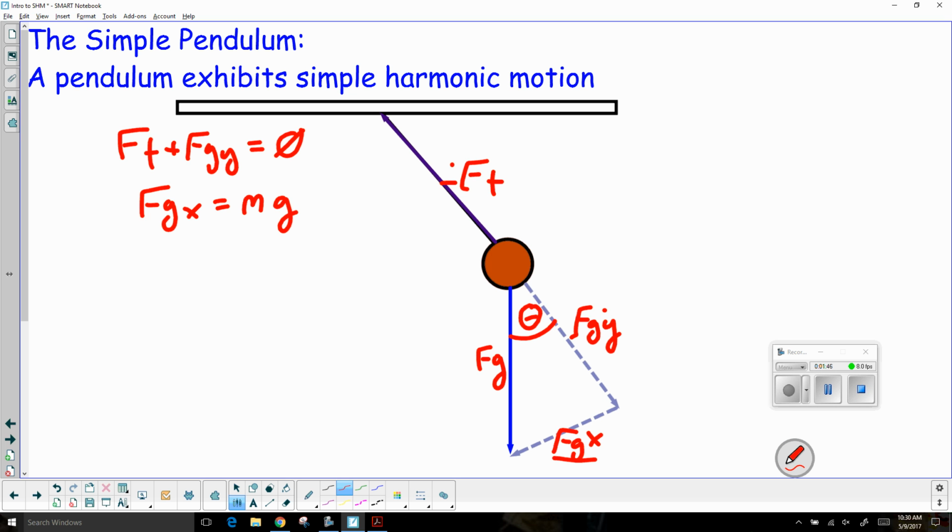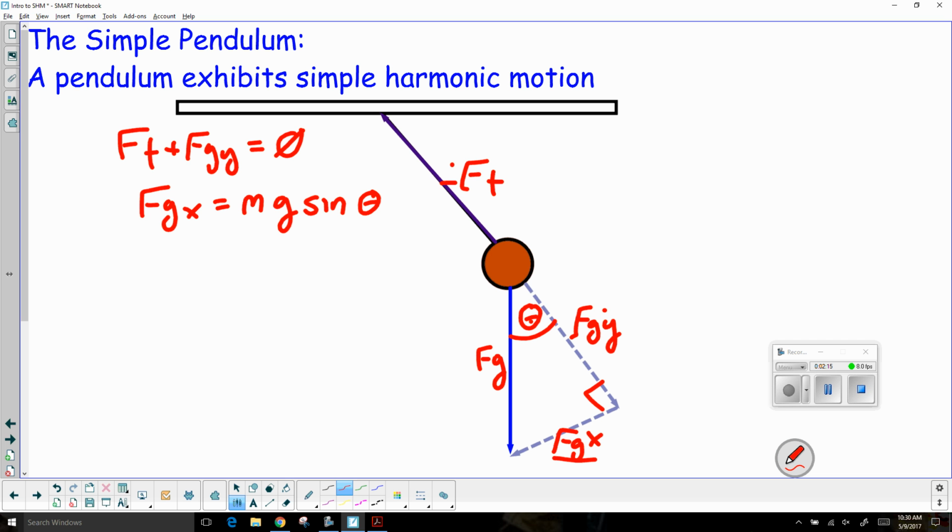Paying a lot of attention to this right triangle here, that's going to be the same as saying the sine of this angle, because the force of gravity in the x direction is opposite. Hypotenuse is going to be right here. So I've got sine of theta. So the force acting on a simple pendulum is the gravitational force in the x direction.